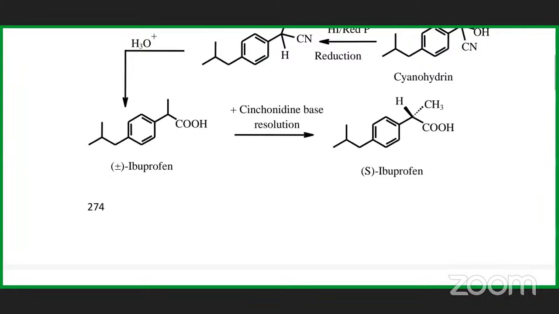And you see, while you are doing a synthesis, whether it is drug synthesis or any chemical synthesis, if you get isomers, it is very difficult to separate them, even in research, even at the PhD level.